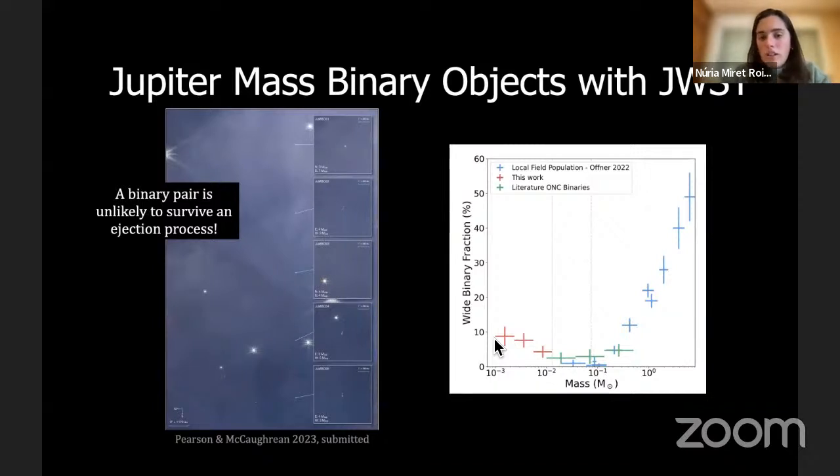So this is really new and really preliminary. As I said before, for me, these objects still need to be confirmed with spectroscopy, to confirm that they are indeed such low mass objects and not higher mass objects, because then it could easily explain why the binary fraction is so high.